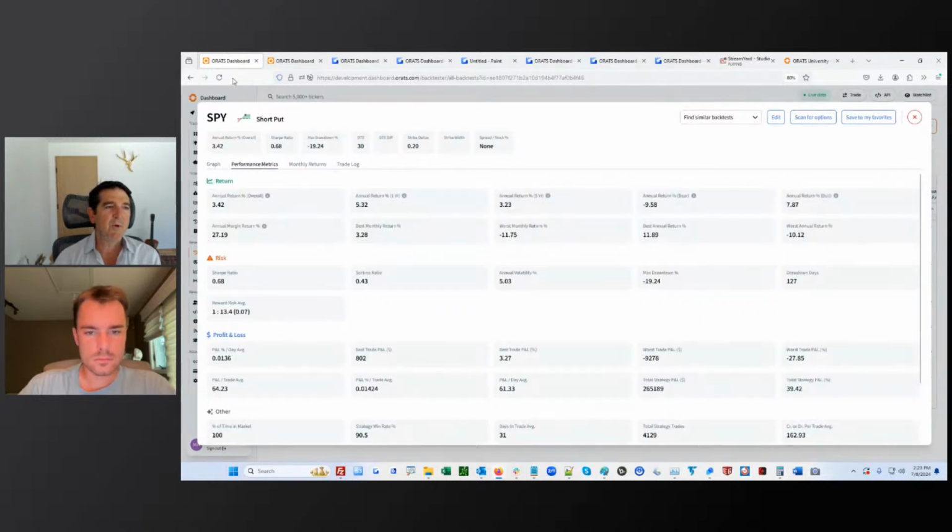What's your favorite between these two? And if you don't know it yet, what would you look at to find that out? Well, I like the short put alone, just because it really doesn't have as much drawdown as you think it would, according to the back test. With the spread, you want to cap your loss, but it just looks like the short put on its own is doing fine.